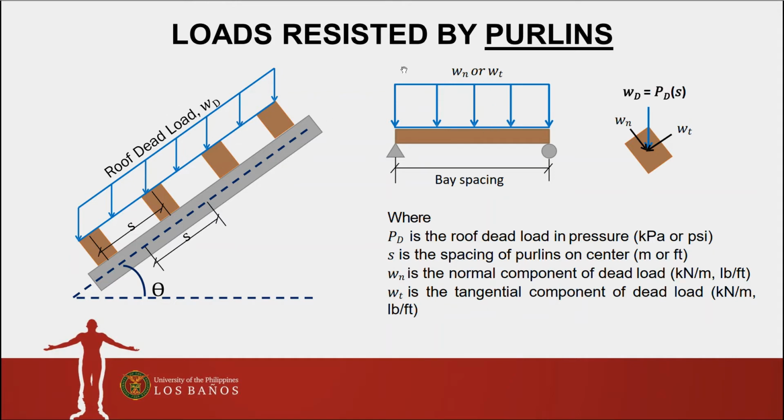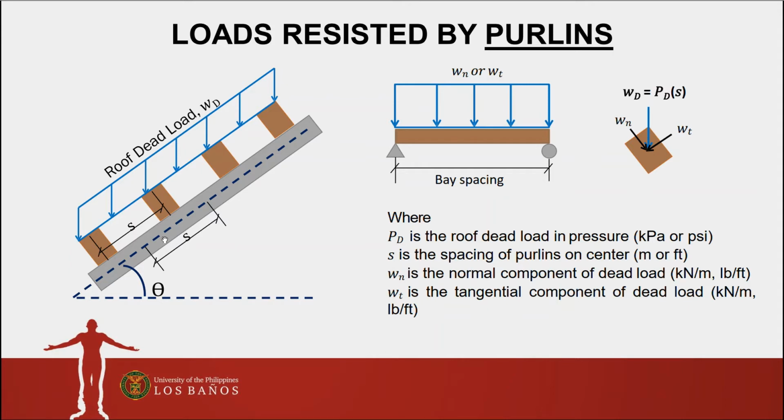As you can see here, the area load is converted into a line load. These supports are the rafters. Since in a roof system there are many rafters, that is called the base spacing.